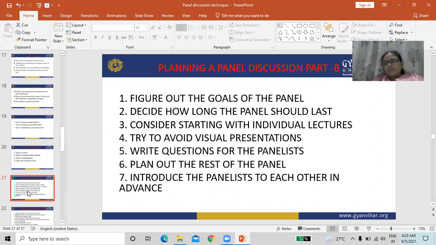Planning a panel discussion, Part B. Figure out the goals of the panel. Decide how long the panel should last. Consider starting with an individual lecture.